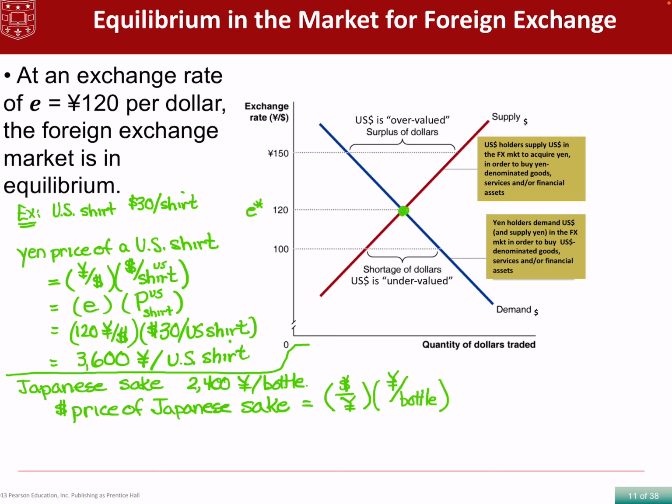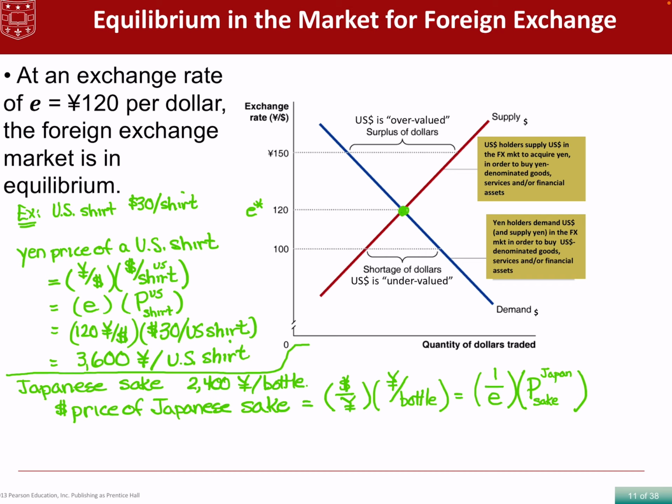And so what do we have here? Dollars per yen is just the inverse of the nominal exchange rate. So 1 over the nominal exchange rate times the price of sake in Japan would give us what we need.